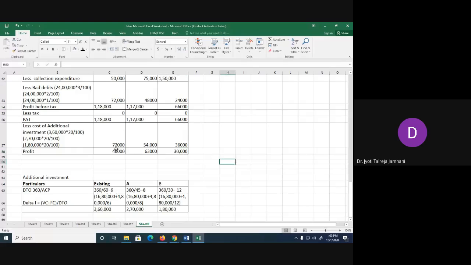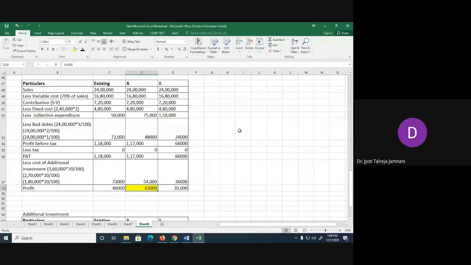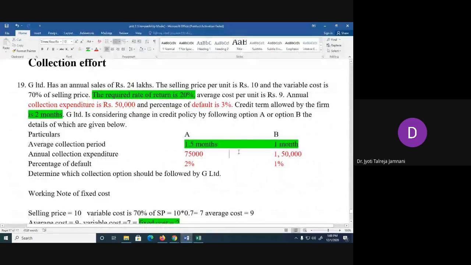Okay, so which option is better? Option A is better because we have 63,000 profit, which is higher than the existing plan and option B. So that means the company should go for giving 1.5 months credit as it gives more profit compared to 2 months and 1 month credit.